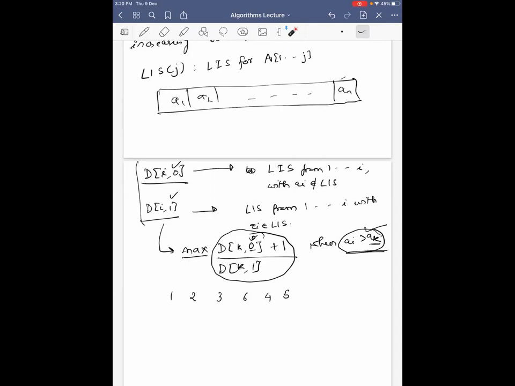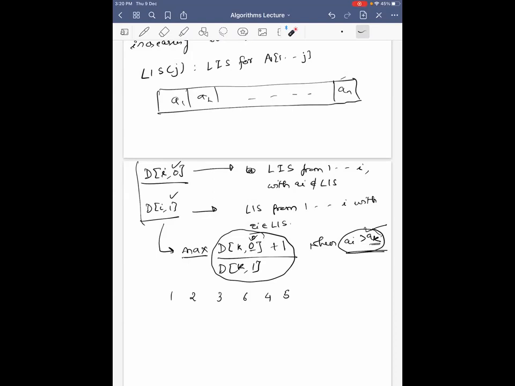Suppose I have 5. What are the possible subsequences where I can append 5? It'll be exactly those subsequences that end in an element which is less than 5. Only then can I append 5 to that longest sequence, no?